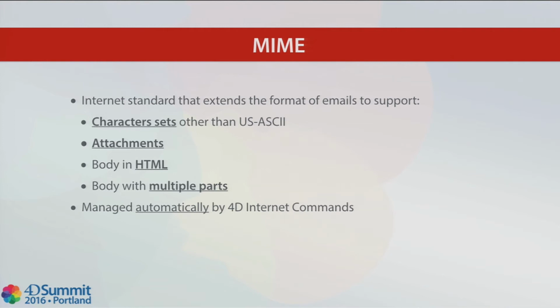Another reason why MIME was created was that there was an increasing need to add attachments. And obviously, you can't have attachments as a binary file, because it could contain control characters. It could obviously contain the 8th bit, and it could be messy. You might have not really thought about this because for the internet commands, the plugin handles MIME internally.